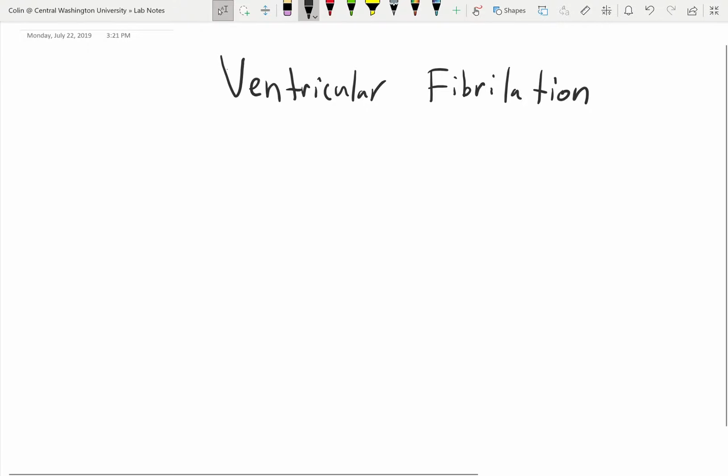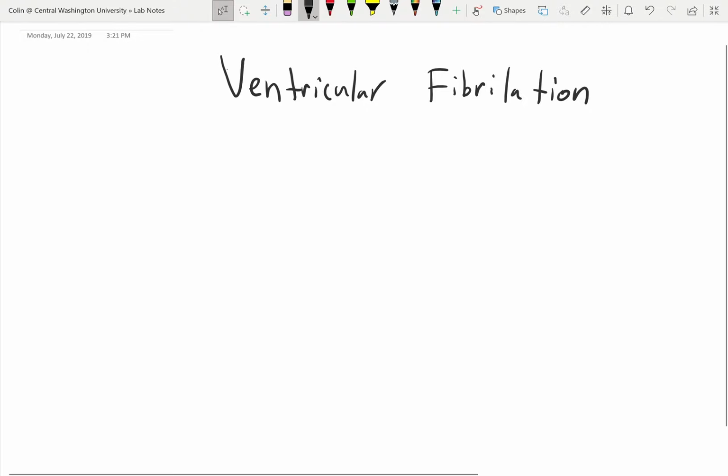Ventricular fibrillation, or VFib. The first super important thing to know about this is if someone is in this rhythm, then they're dead. And this is a person that we're going to be doing CPR on. Going back to what I think was the first day of EMT school when they were teaching CPR, when you turn the AED on and it goes to analyze, it looks for two rhythms.